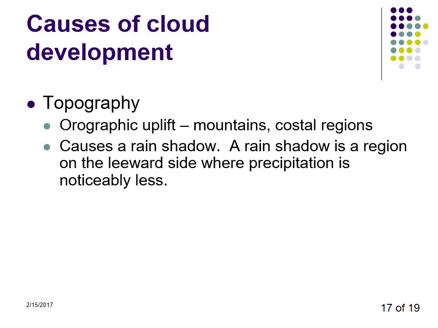Since all the water is condensed out of the air as the air goes up the mountains, on the other side of the mountain you get what is referred to as the rain shadow, where you have very little precipitation.